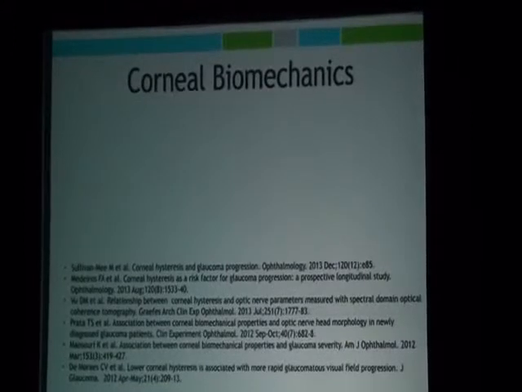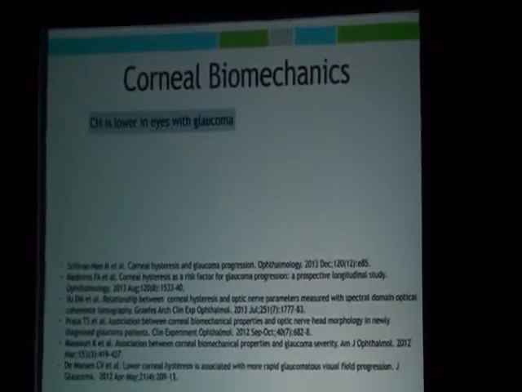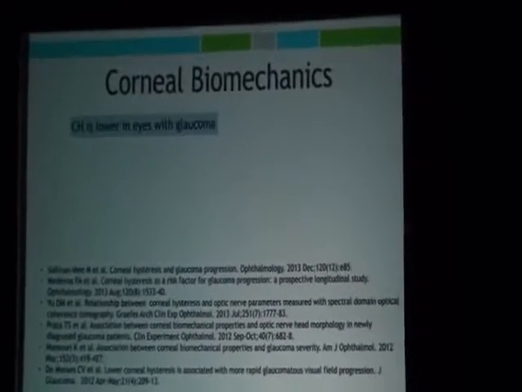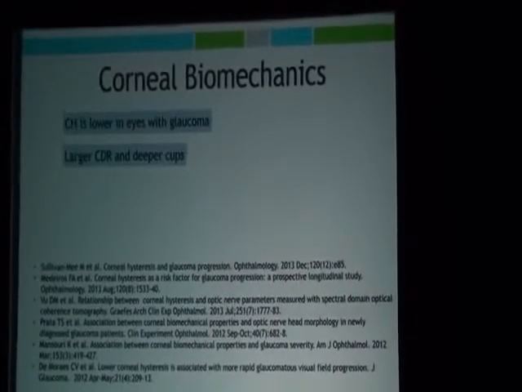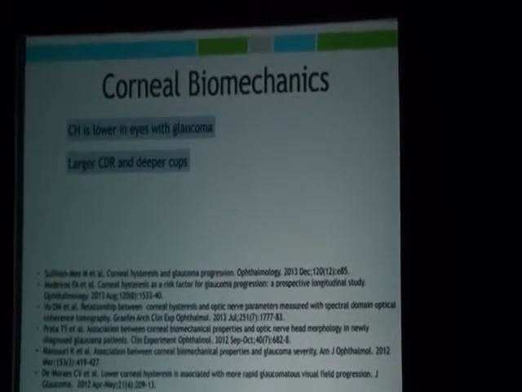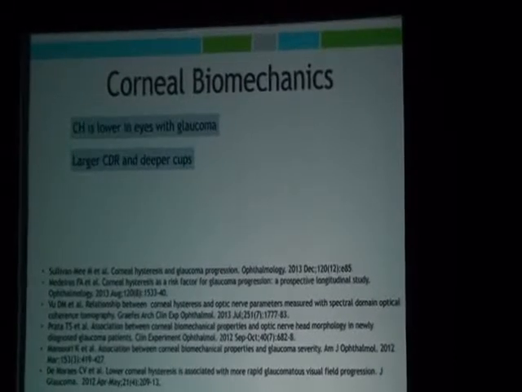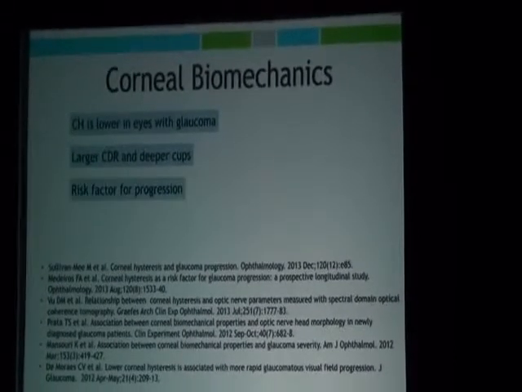So there are lots of papers that have been published on corneal biomechanics. We know that corneal hysteresis is lower in eyes with glaucoma, which we've already spoken about in the previous presentations. It's also been shown that corneal hysteresis is lower in eyes which have a larger cup-to-disc ratio or deeper cups.